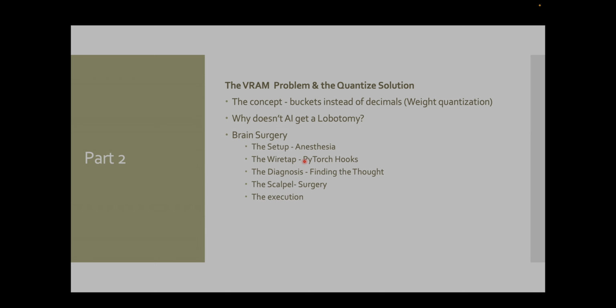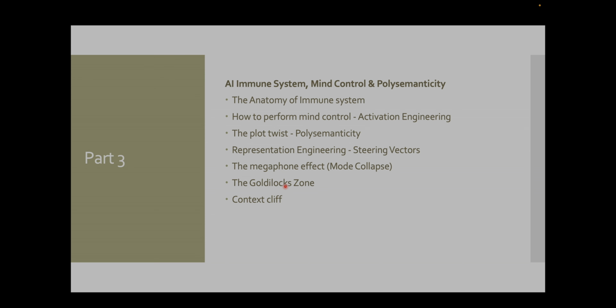The second part will focus on the VRAM problem, how quantization works, and then the brain surgery, where we actually decode the model, inject a few things into neurons, modify a few things, and then see the output. And then there is the third part, which demonstrates the AI immune system, mind control, and Polysemanticity.